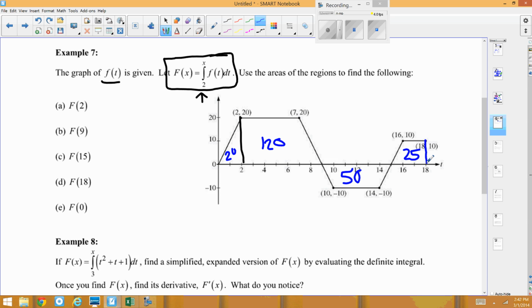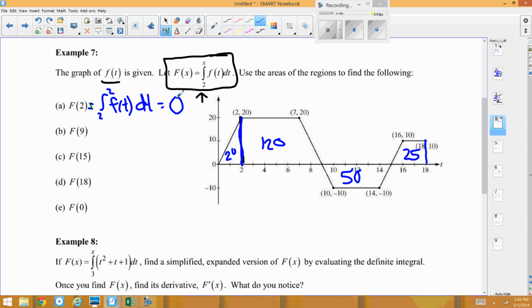So what we're doing here is, for the first one, we want to integrate from 2 to 2 of f of t dt. You want to find the accumulation of the region from x equals 2 to x equals 2. Well, that gives us a big old whopping 0.